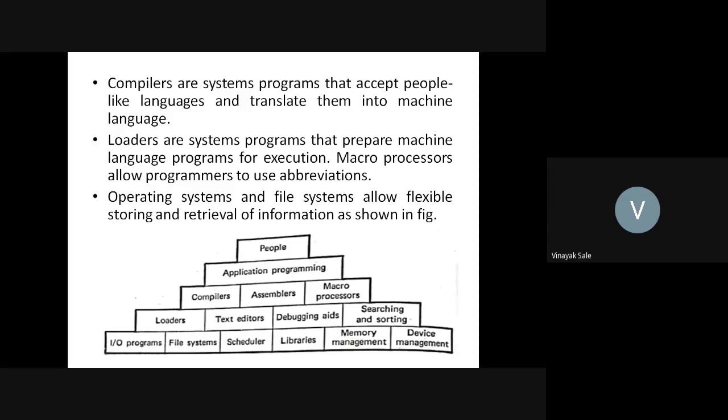Compilers are the system programs that accept people-like language and translate it into the machine language, and store that data in binary format, 0 1 format.